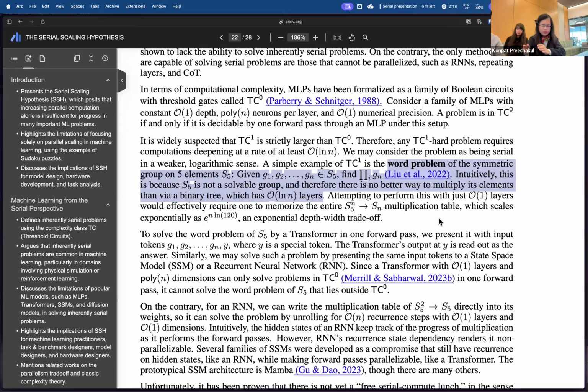In group multiplication, groups are associative. Associativity really helps here, but in general, you don't have that associative structure. So I think that's where the key lies between the TC1 class and the P-completeness class.